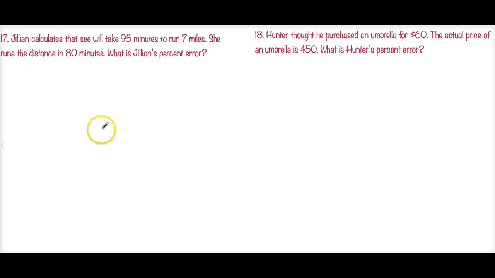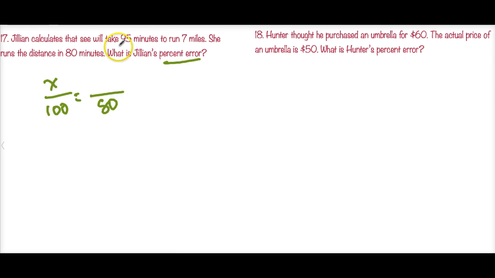Next one, number 17. Jillian calculates that she will take 95 minutes to run 7 miles. She runs the distance in 80 minutes. What's Jillian's percent error? So again, we're at a percent error this time. We don't know the percent. We know that the actual time that she did run it was 80 minutes.